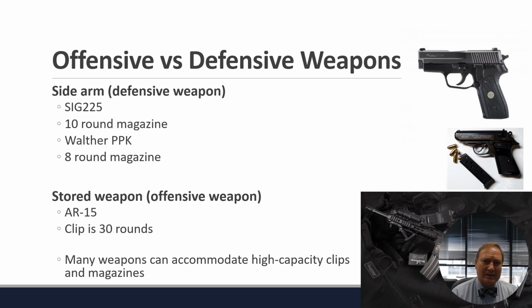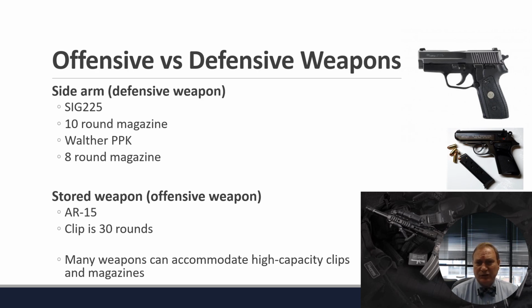The other point about a sidearm or a defensive weapon or a pistol is that the velocity of the projectile coming out of that gun is going to be slower and more likely to be repelled if someone's wearing body armor or ballistic armor. A stored weapon or an offensive weapon, and again, we get the stored weapon and sidearm terminology from our friends in the military.